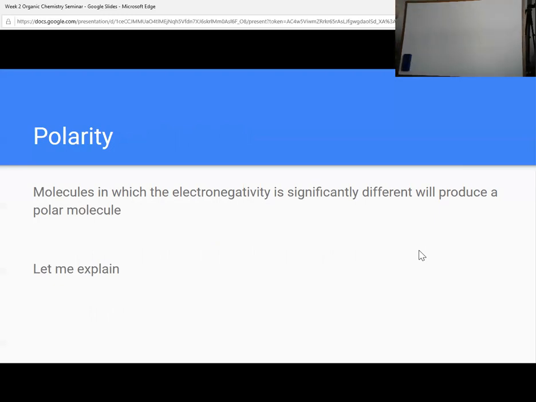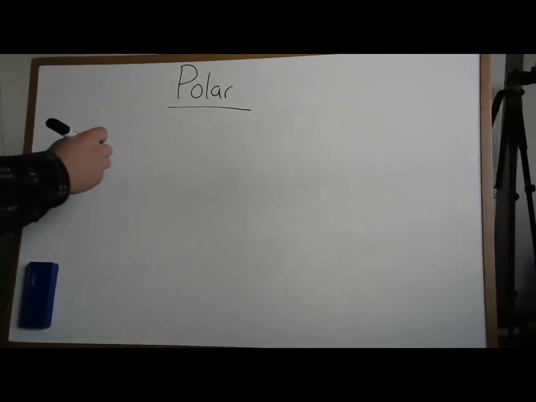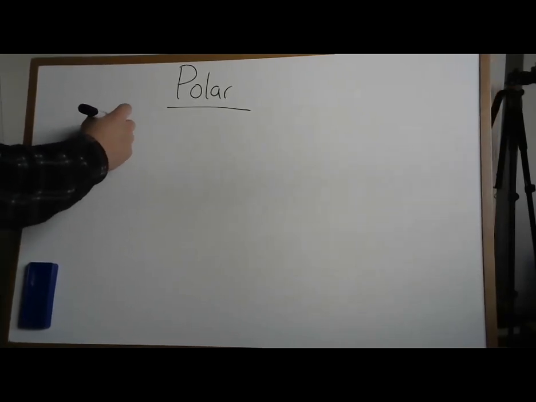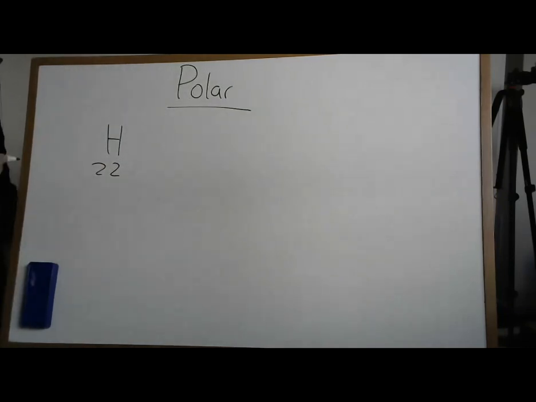So, polar. So we're going to do hydrogen is up here. I'll just stop the sharing so that you can see the whiteboard better. Need to remember to share that. So hydrogen is up here. It has an electronegativity value of 2.2.